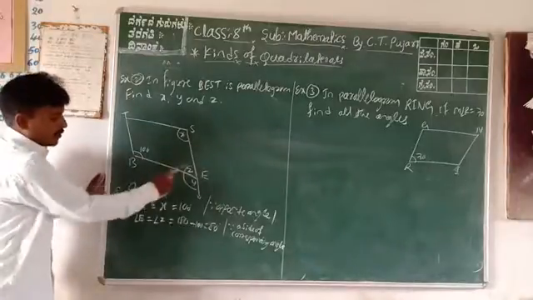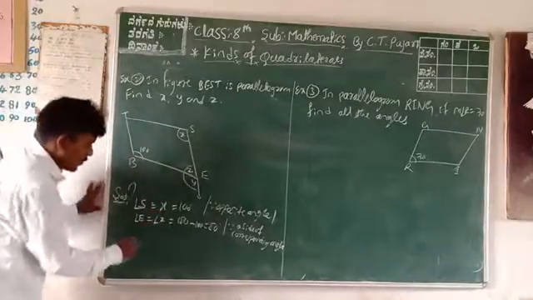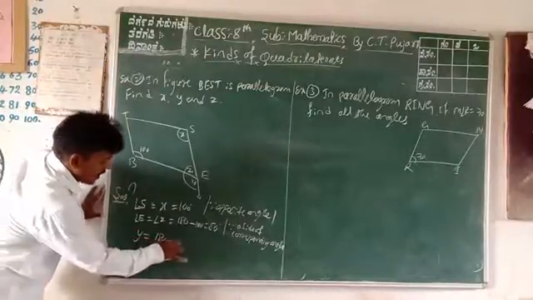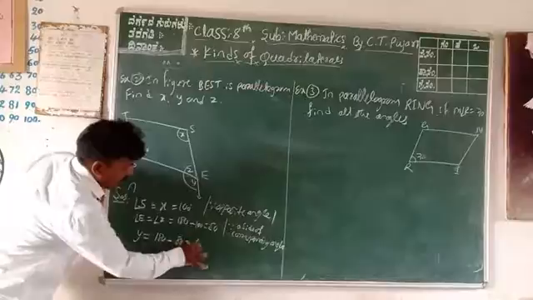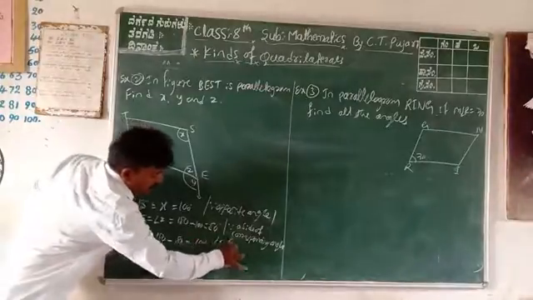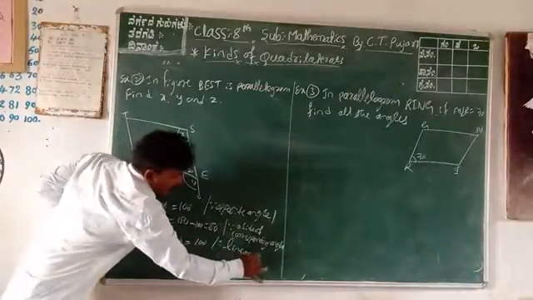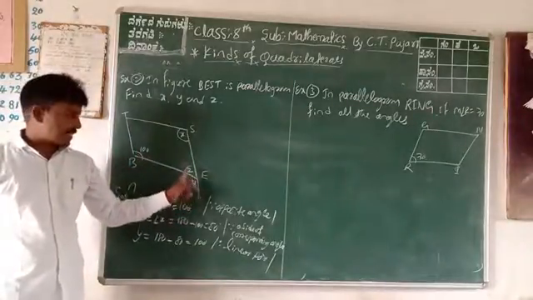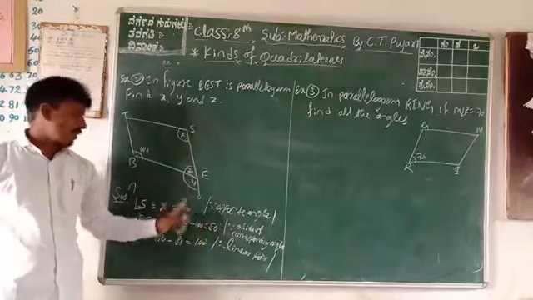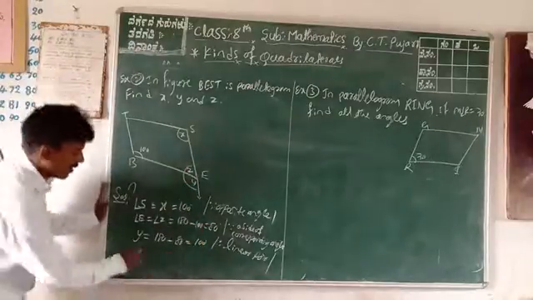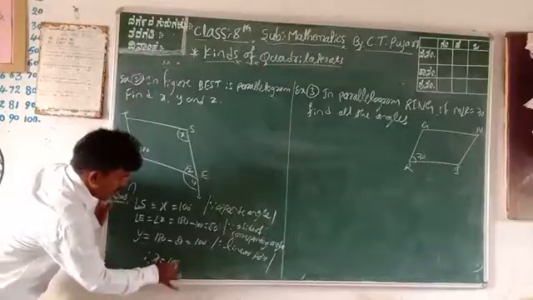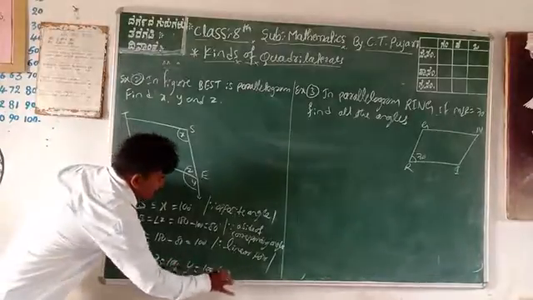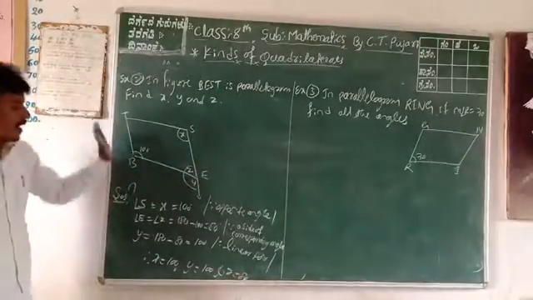Z angle is equal to 80 degrees. What about Y value? Y is equal to 180 degrees minus 80 is equal to 100, because these two are a linear pair of angles. Z value is 80, but Y value is directly 100. Therefore X is equal to 100, Y is equal to 100, and Z is equal to 80. These are all the values.